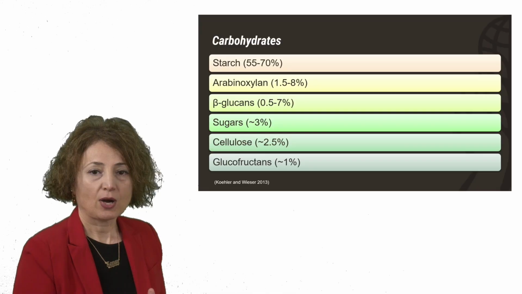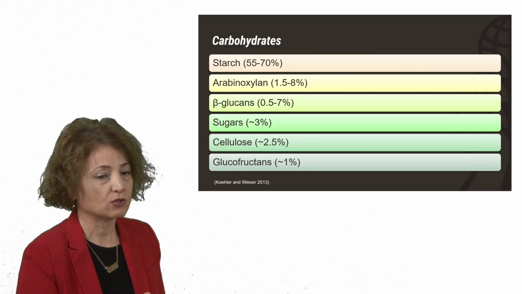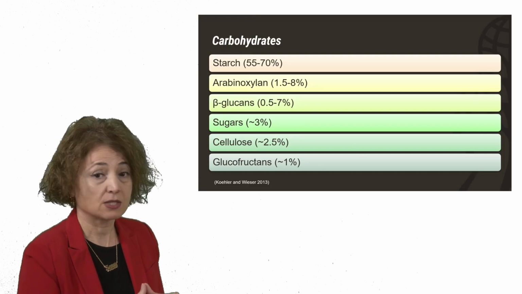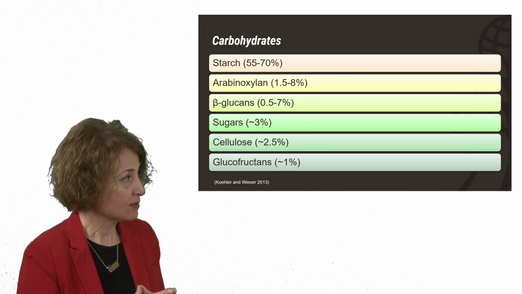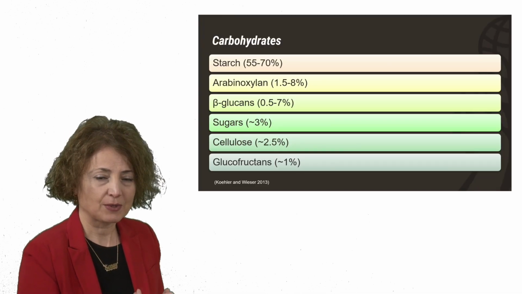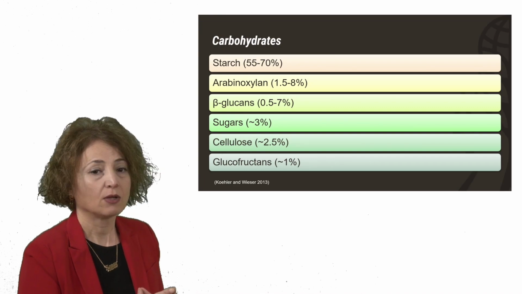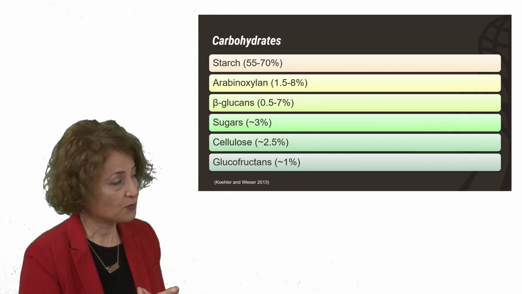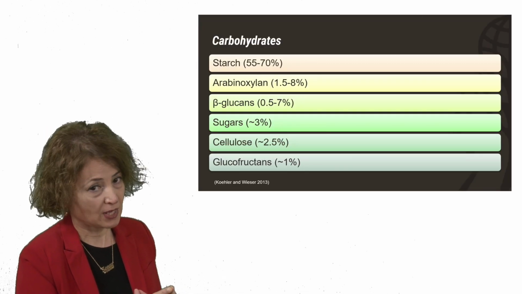When we say carbohydrates in wheat, these are the carbohydrates we find in wheat. Starch is the most abundant, and arabinoxylans. From now on, I'm going to refer to them as arabinoxylans. We use the terminology interchangeably, non-starch polysaccharides of wheat or pentosans, but again, I will be using the word arabinoxylans.